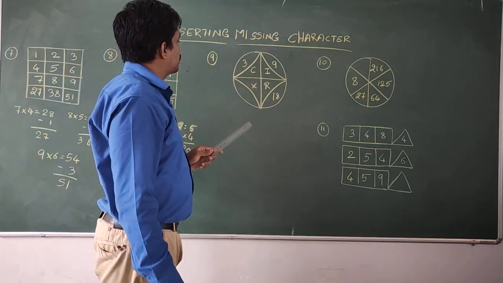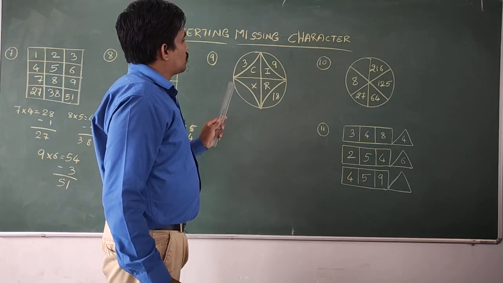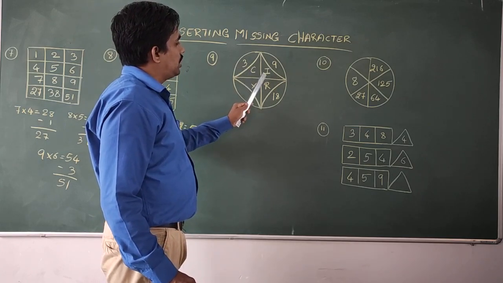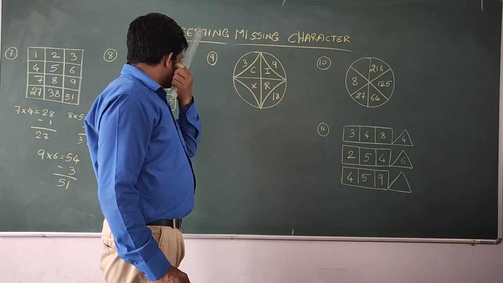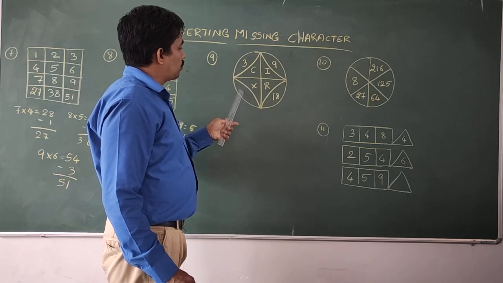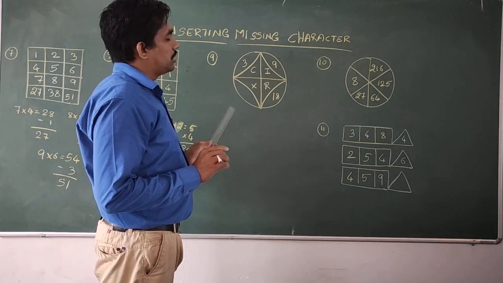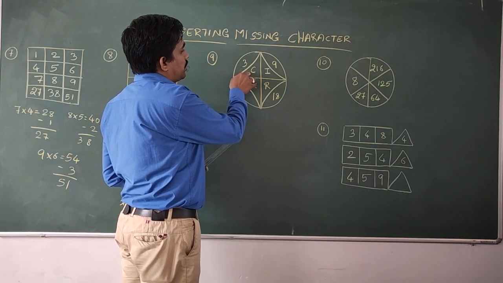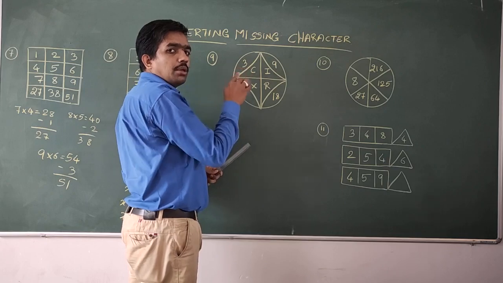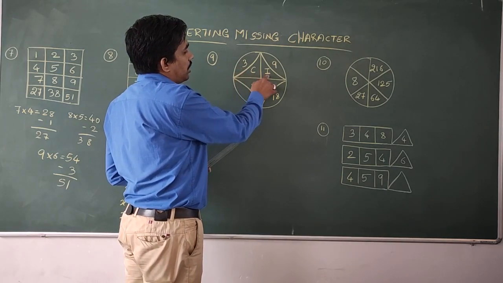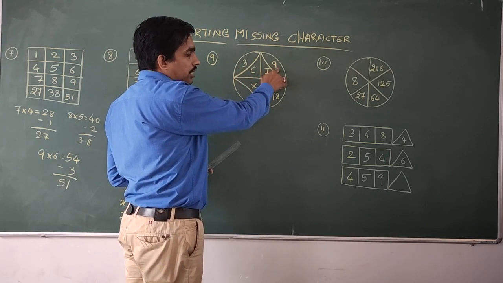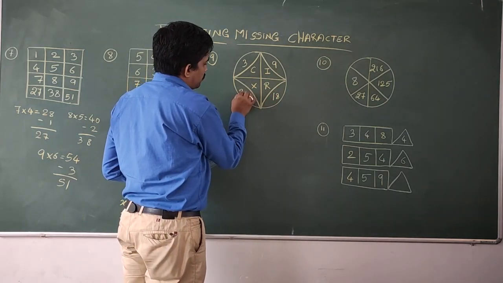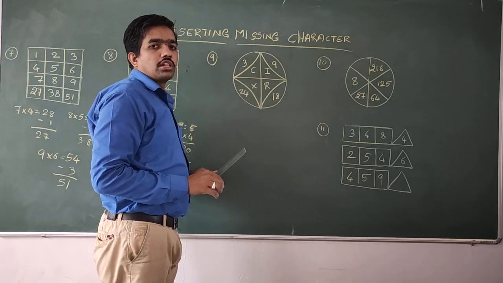And coming to our next question. So see, 3, 9, 18, CIR and x. So we have to find this one. See student, it is a very simple logic. C means it is third letter, A, B, C, it is third letter, and I is ninth letter, R is 18th letter and X is 24th letter.